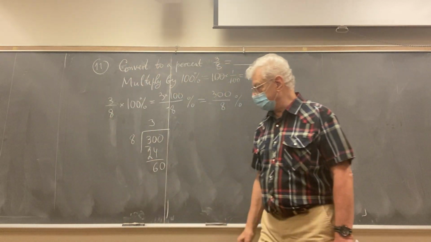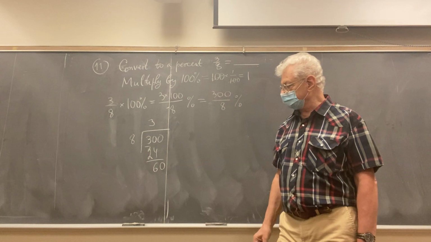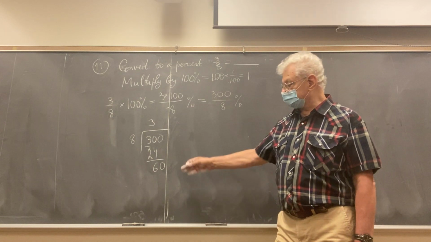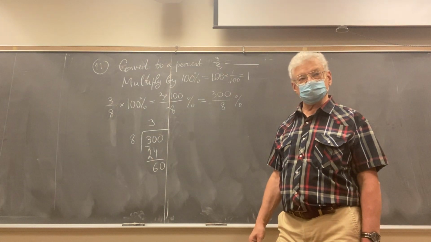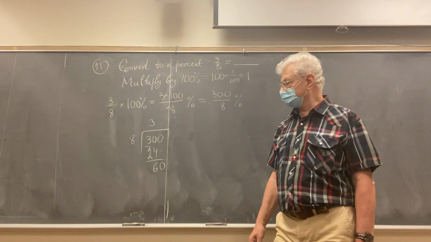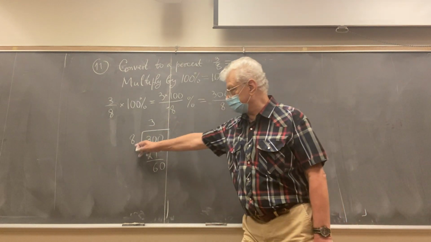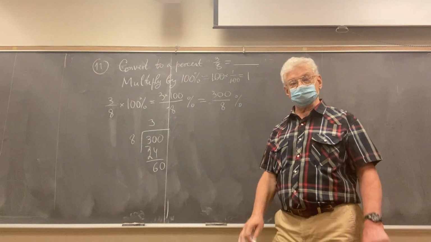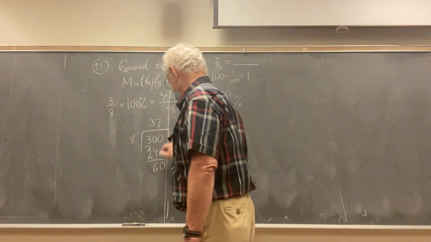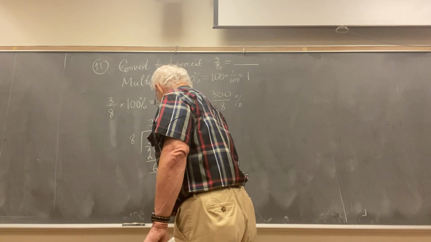60 is not divisible by 8, but you can get a closer number. If you take 8, it will be 64. So take 7. 7 times 8 is 56. You get 4.